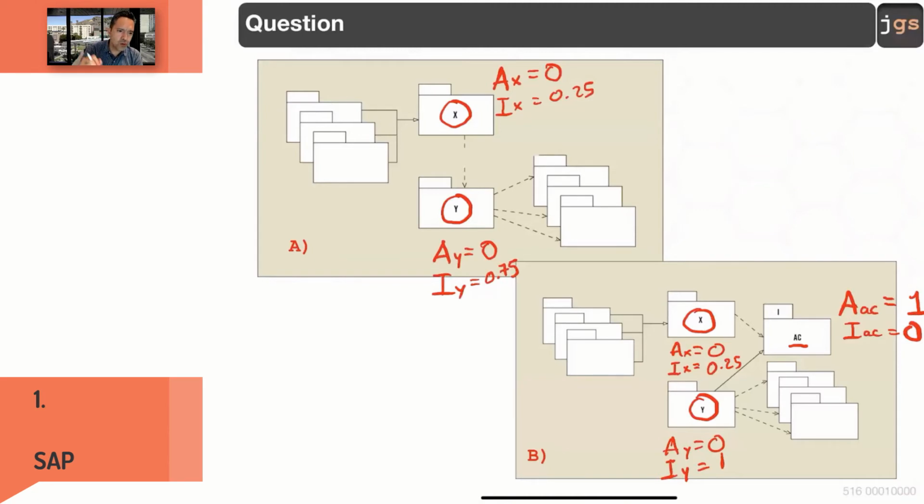Which of these 2 solutions is better according to the numbers? Well, if you work in this 2D scenario, what you need to do for the system, for the solution, is to locate the position of each of your packages or each of your classes, depending on what you are doing.